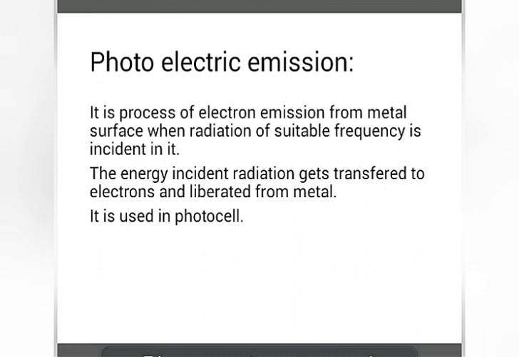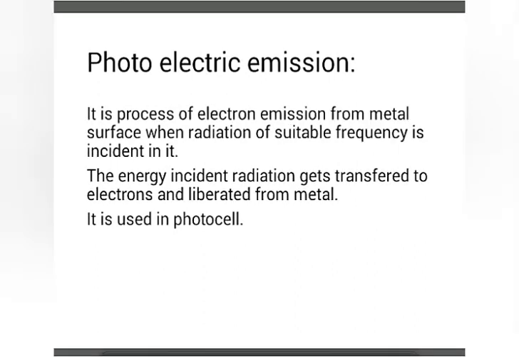Third type of process is photoelectric emission. Photo means light. In this process light is incident on the metal surface, then the electron absorbs enough energy and escapes from the metal surface.